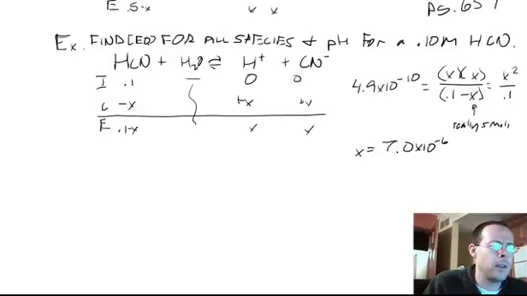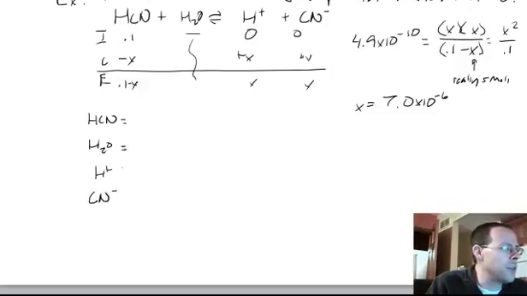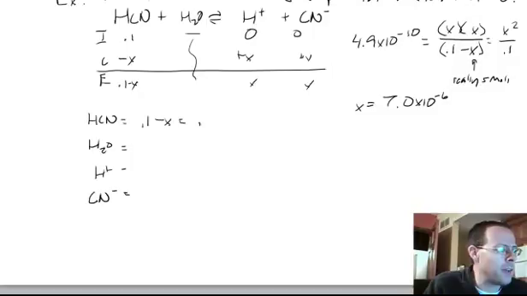So, finishing up our question, find the equilibrium concentration for all our species. We have HCN, water, H plus, and CN minus. For HCN, at equilibrium, we have 0.1 minus x, or really 0.1 minus 0.000007. So essentially, we have 0.1 molar of HCN at equilibrium.